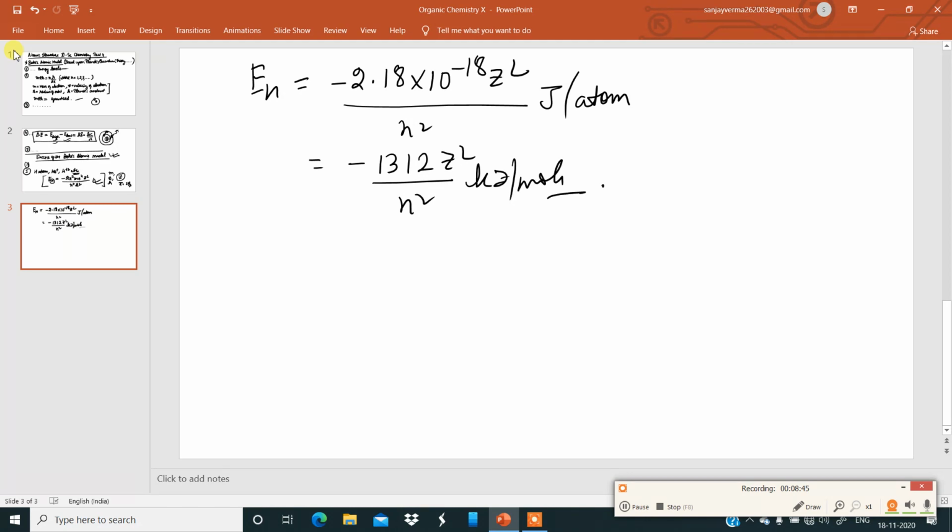Now there is a negative sign over here in this formula. Very important. Why negative sign?